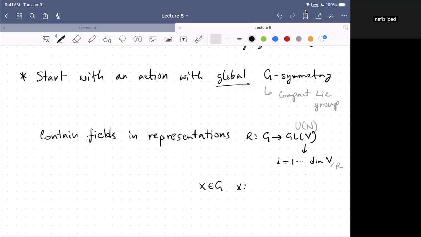And so then if you take an element X from your group, then this X will act on the fields of your theory. For example, you may have some fields, phi, which will have an index I, of course, because it is an element of this vector space.